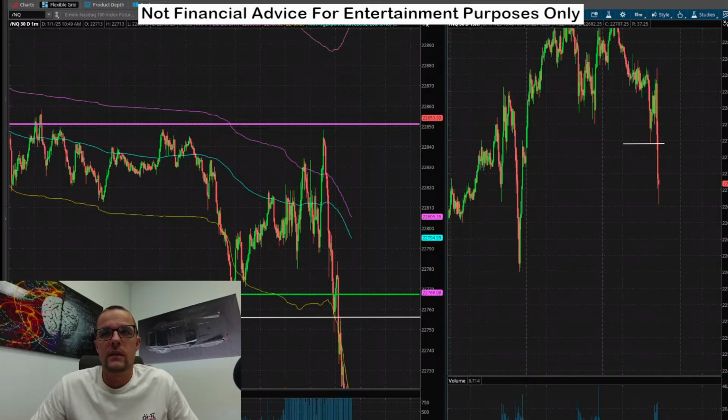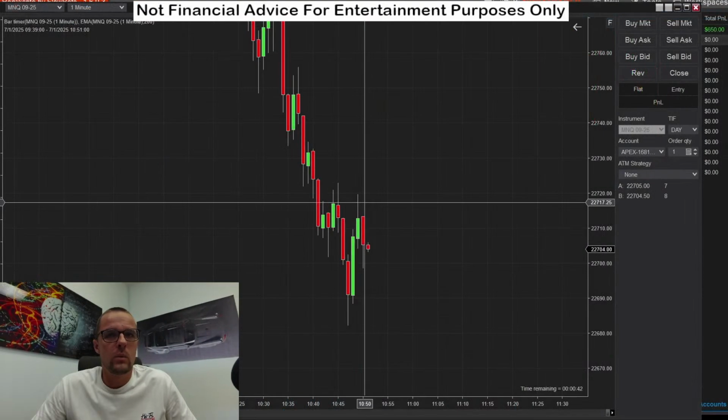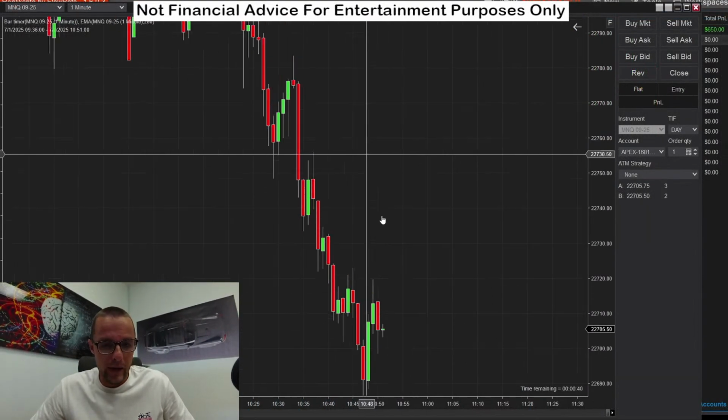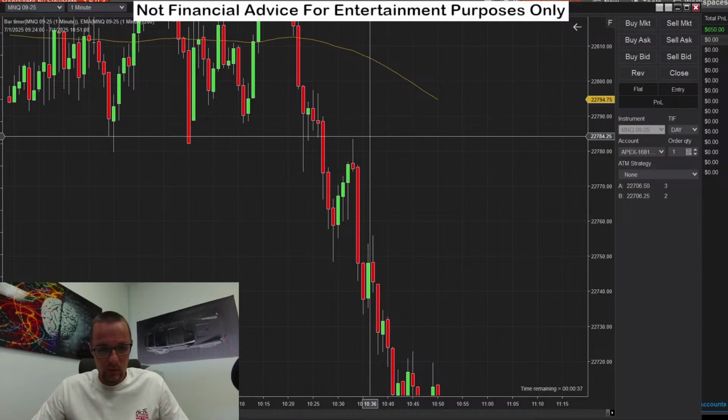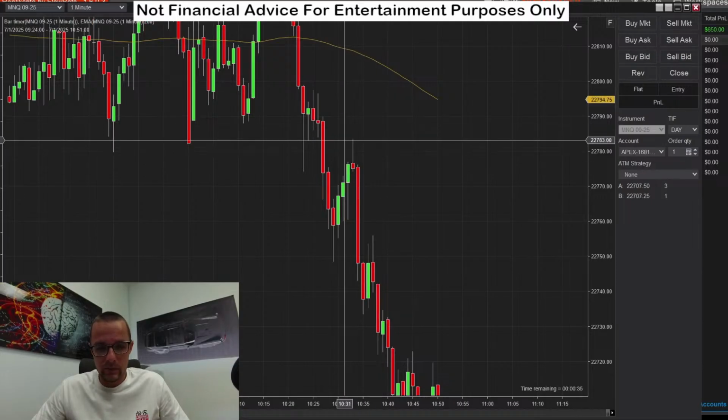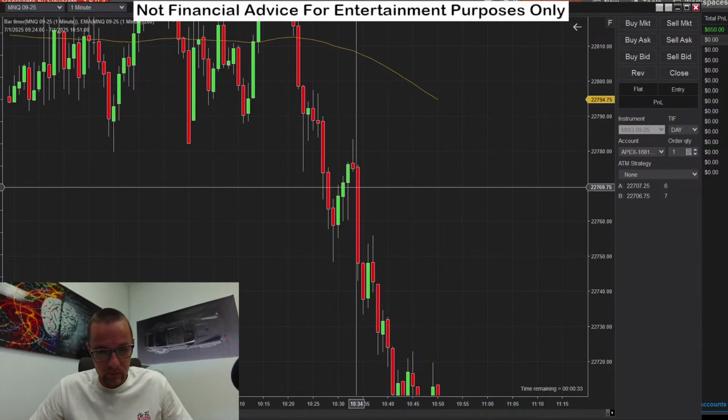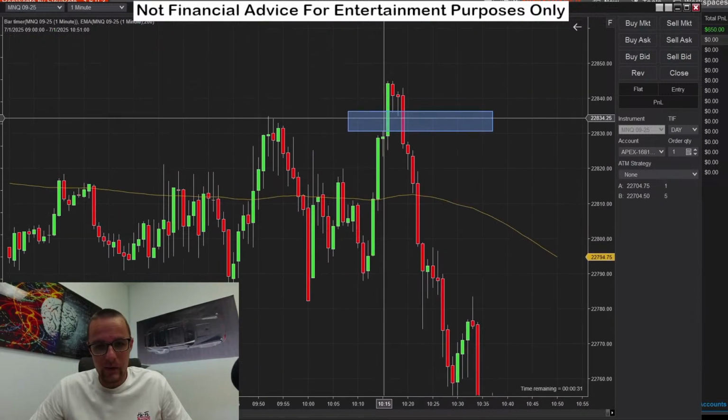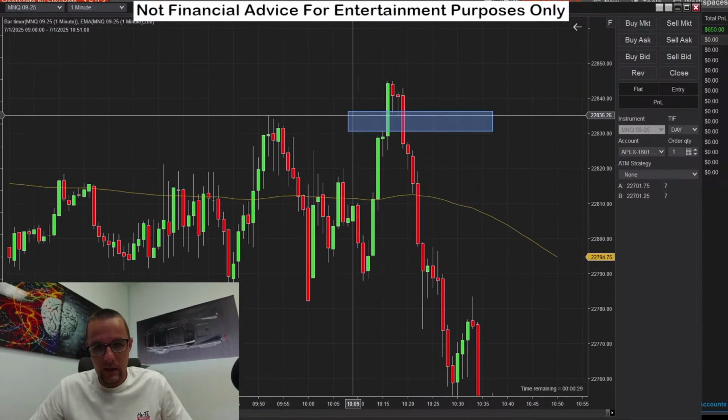So obviously that's an area of interest right here. Obviously, I would want to see it go back up and take out this high right here. Ideally, I would like to see what happened here, right? How it took out this high.